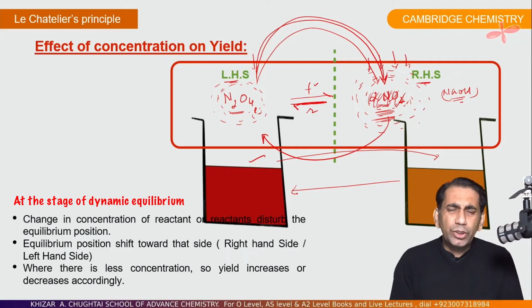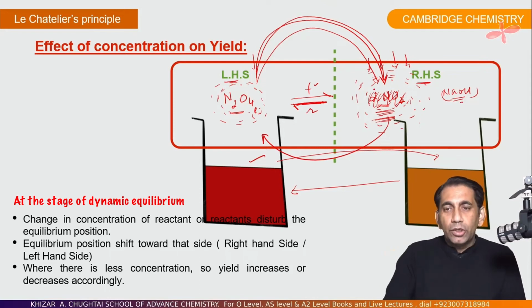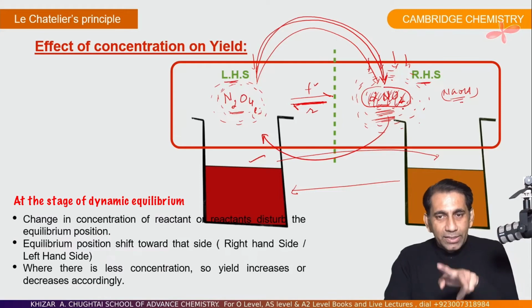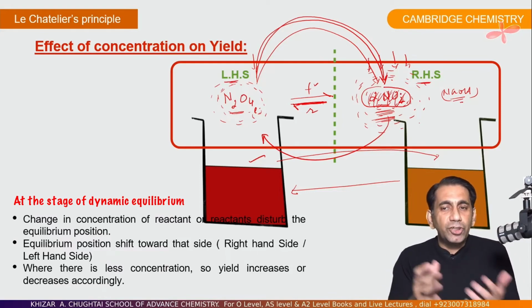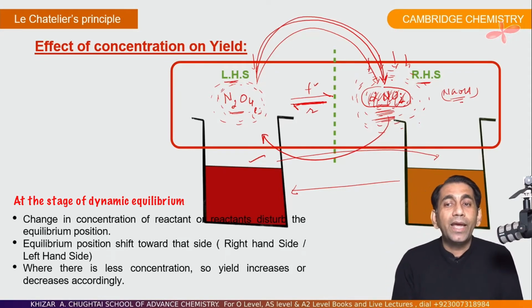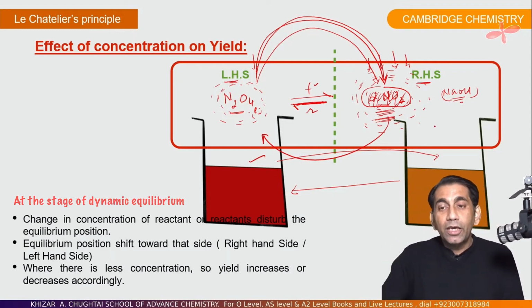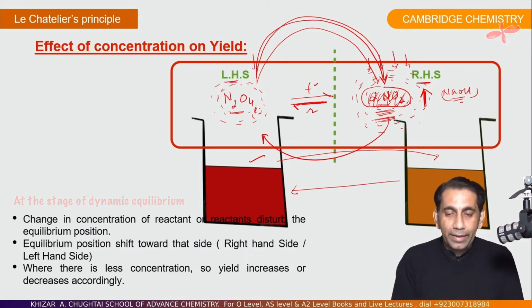So, this is the effect of change in concentration on the yield of the product of the chemical reaction. If we remove this NO2, then this reaction will shift its position towards the right hand side, and it will make more and more nitrogen dioxide. So the yield will increase, the product quantity will increase, and so on.